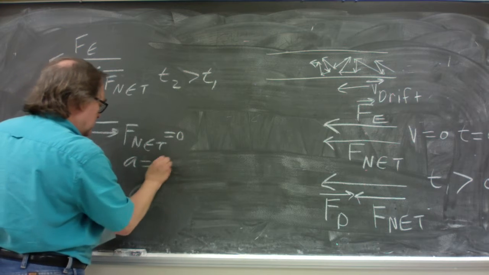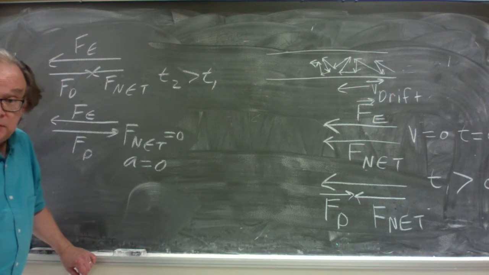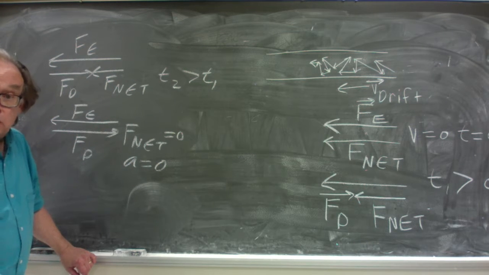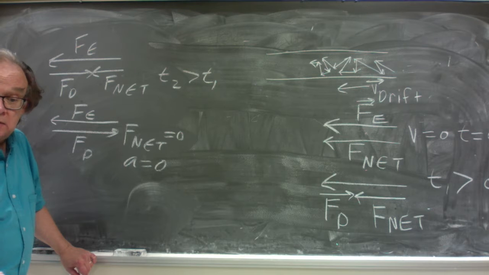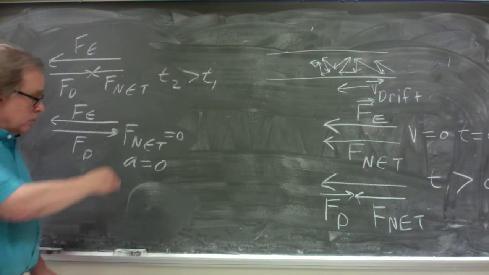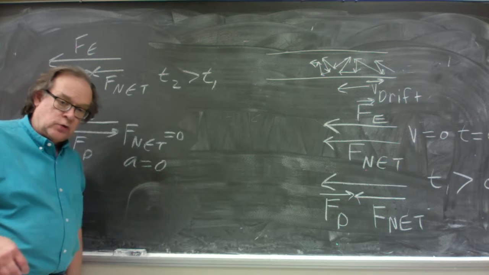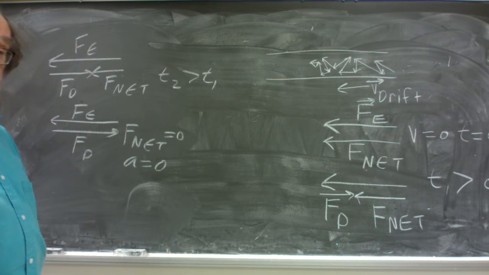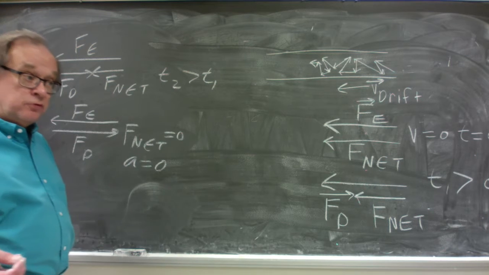So no more acceleration. So no more change in the electron speed. From this point on, there's 0 acceleration, and because there's 0 acceleration, a constant speed for the electrons is what you get from then on.